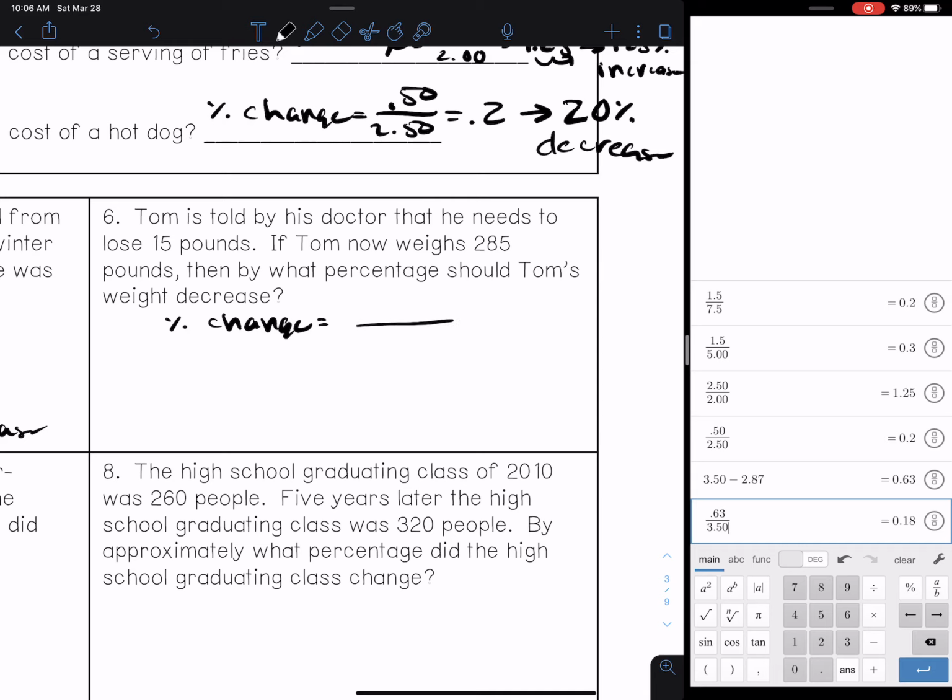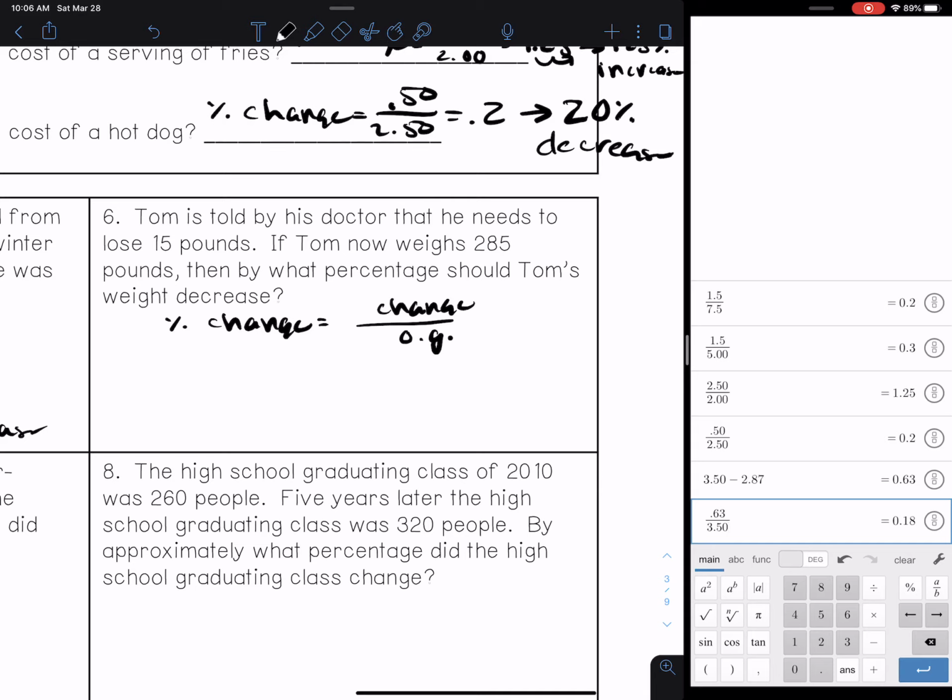Okay, so this one's a little bit mixed up. So let me write down what it should be. It should be the amount of change divided by the original amount. So we know we're looking for the percent of change, so that should stay the way it is.